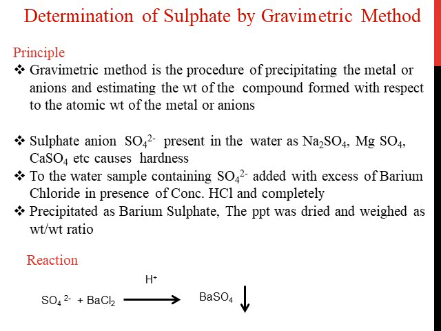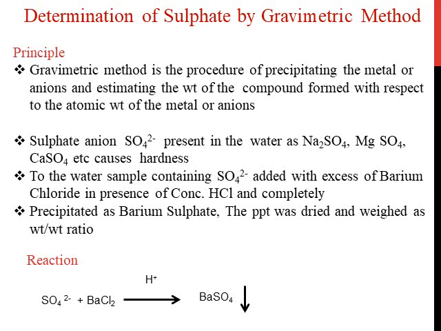From the amount of barium sulfate formed, the amount of SO4 2- present in the solution is calculated. The precipitate is dried and weighed, as a weight by weight ratio: how much weight of barium sulfate is formed, and from that how much weight of the sulfate anion is present in the solution. So when you look into the reaction, the sulfate SO4 2- is present in the water.